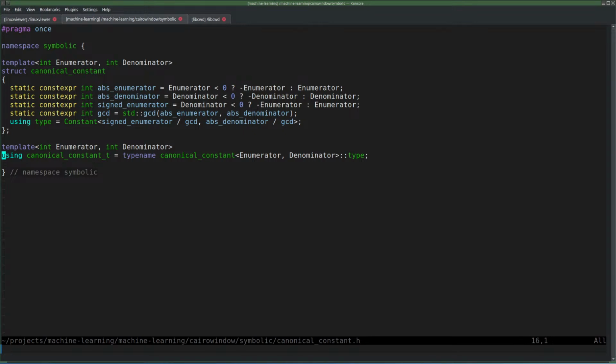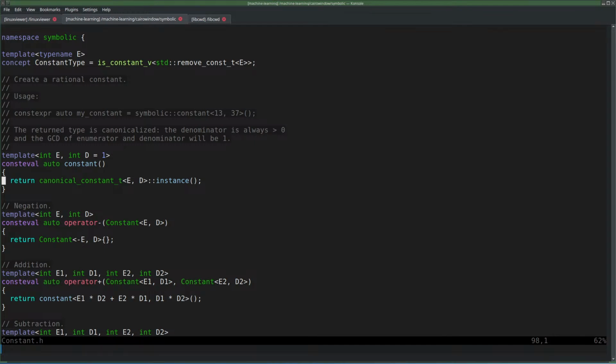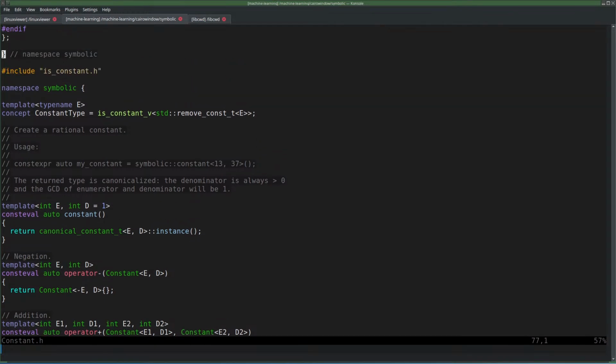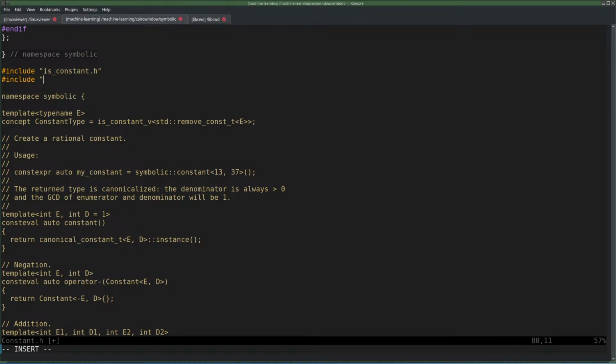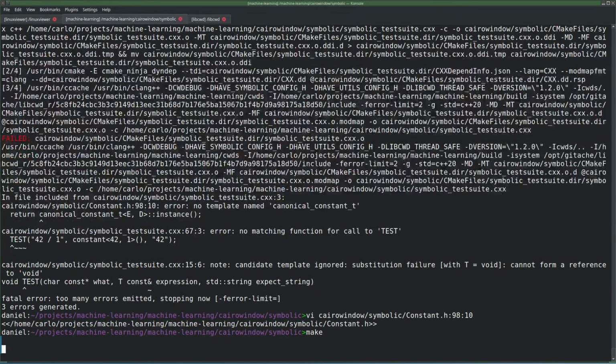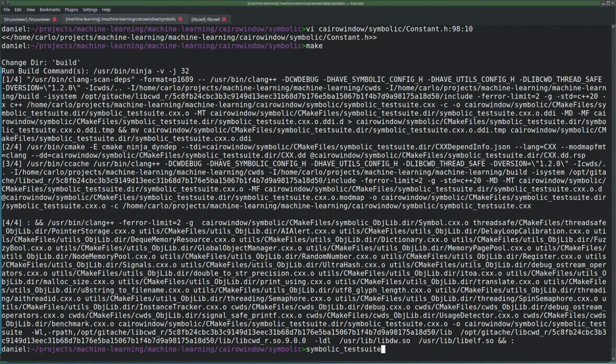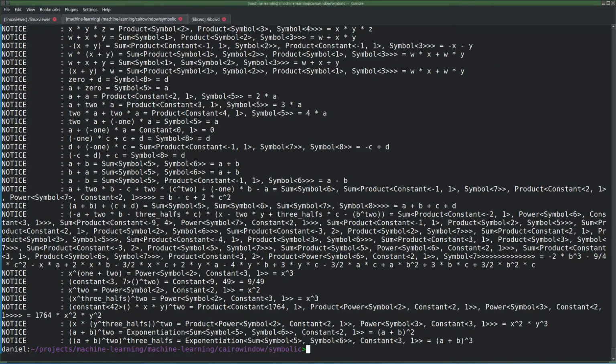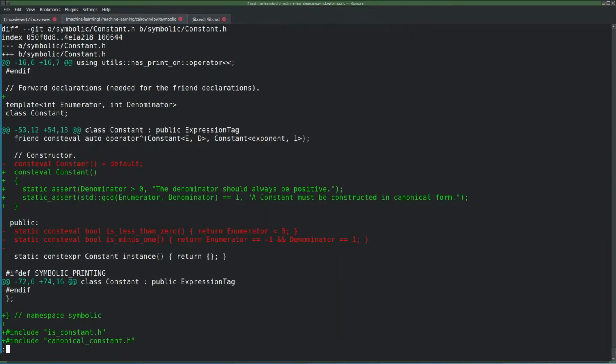Symbolic canonical constant T, defined in canonical constant, not the other one. Yep, thank you. Click. Okay. Now, look at the diff again to get inspiration.